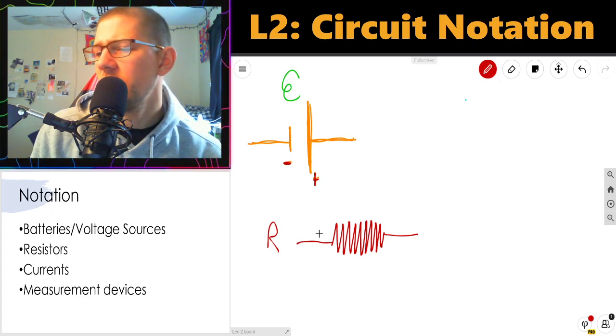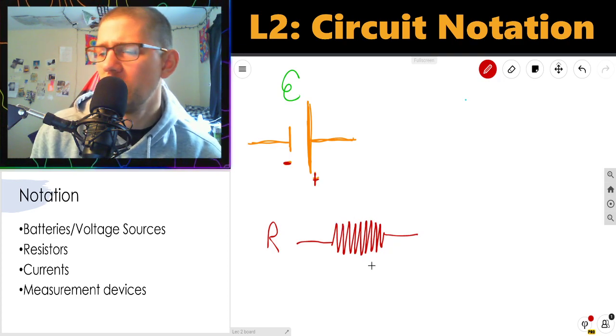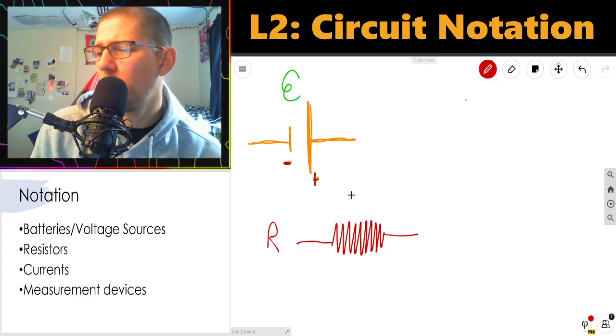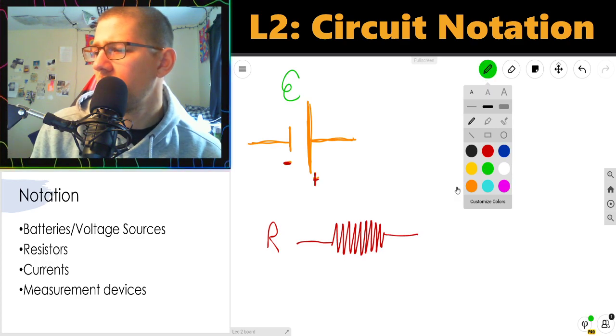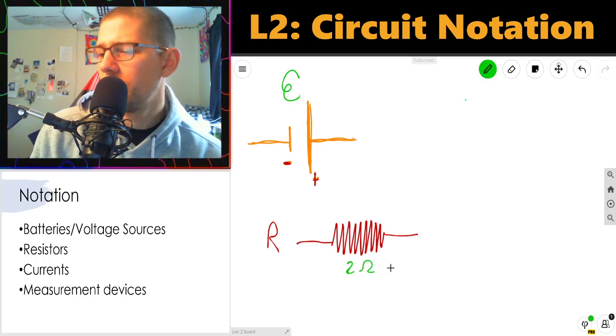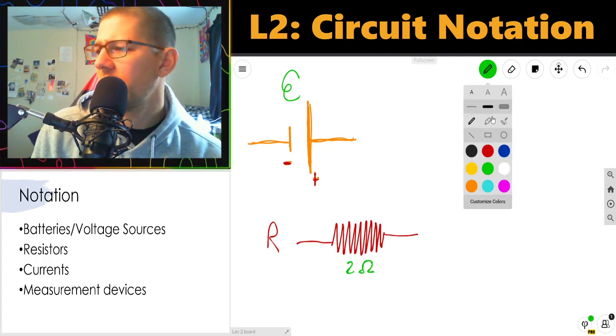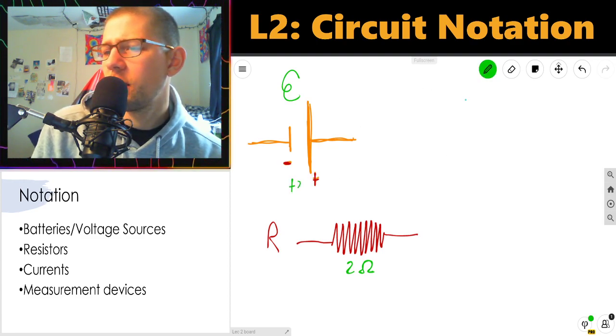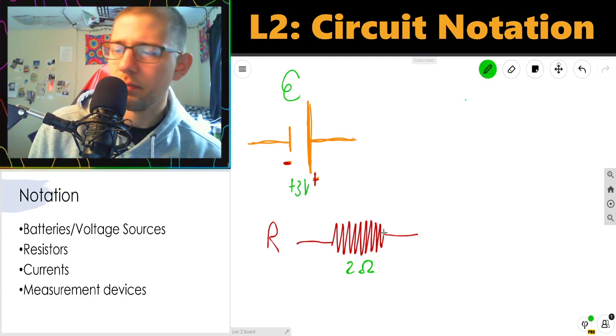Usually, when marking a resistor's resistance, if you know a number for it, you just pick a point directly above or below and say 2 ohms, for example. So I mark it in units of ohms. Similarly for this battery, I could say plus 3 volts if I knew the voltage. Okay.